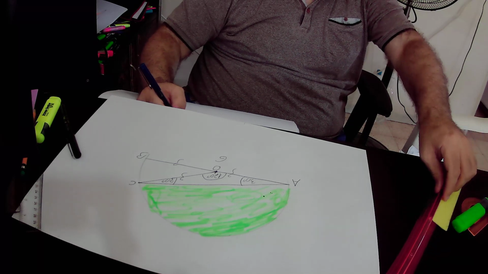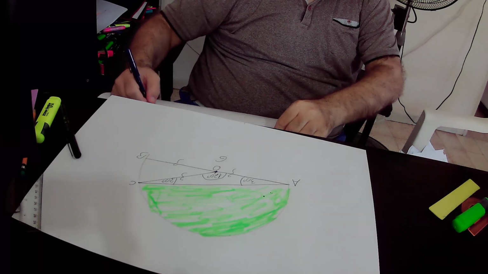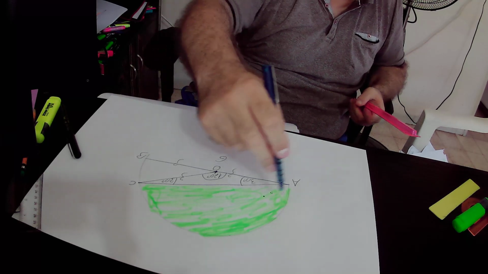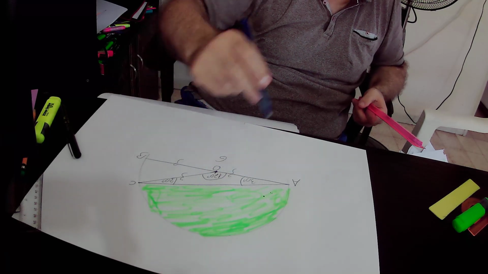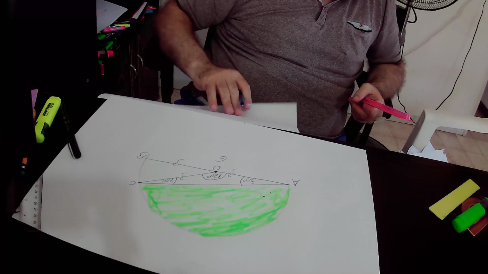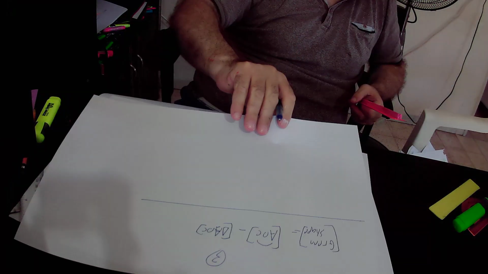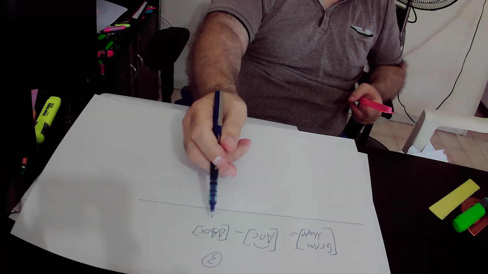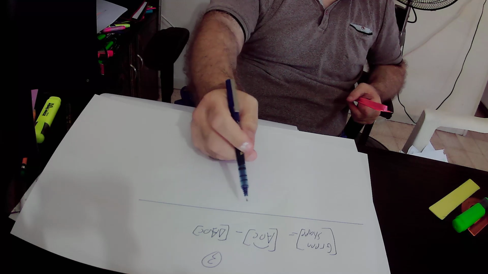I repeat again, the area of the green shape equals the area of sector AOC minus the area of triangle AOC.